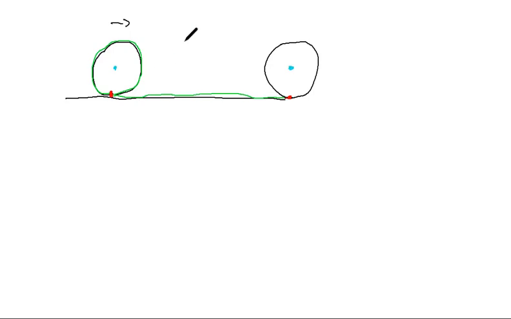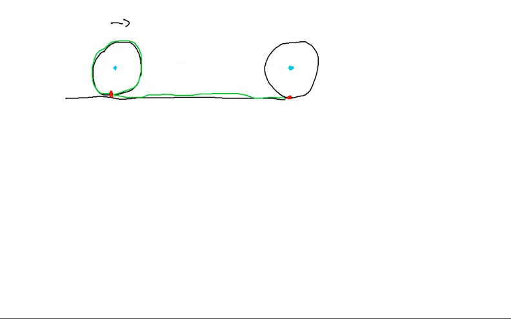So you can ask, okay, well, how far? The red and blue dots start out lined up. You go through one full cycle, and they're now lined up again. How far have they moved horizontally?